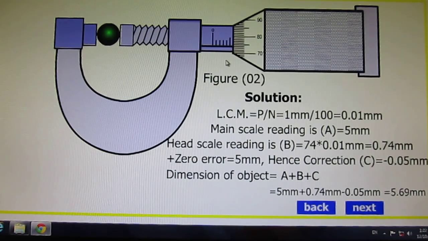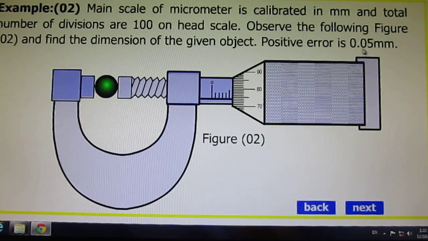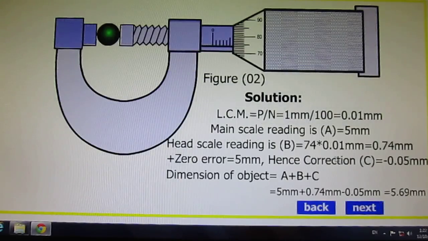So the dimension of the object is A plus B plus C, that is 5 millimeter plus 0.74 millimeter minus 0.05 millimeter. Why is there a minus sign? Because there is a positive error, so we subtract that value. So our ultimate answer is 5.69 millimeter.